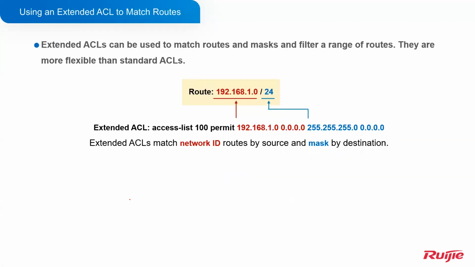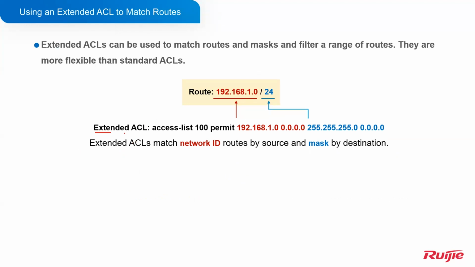So to solve this problem, we can use the extended ACL, and let's see how that works. Now, we want to ensure that the route we match has network ID 192.168.1.0, mask length 24. So let's see how to do this.